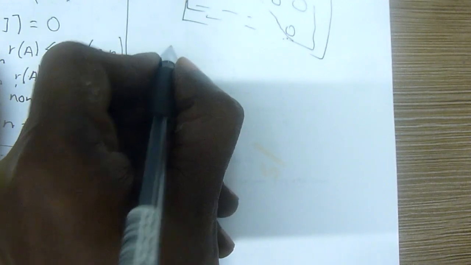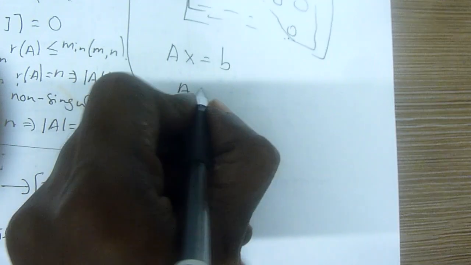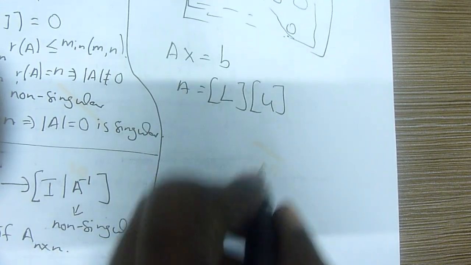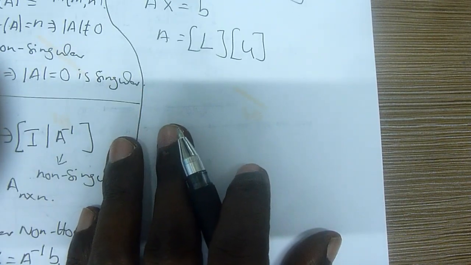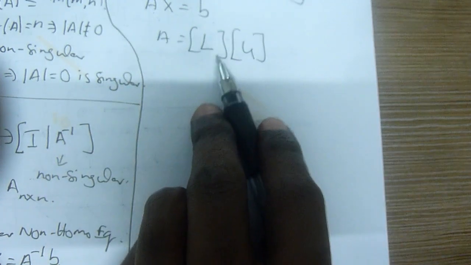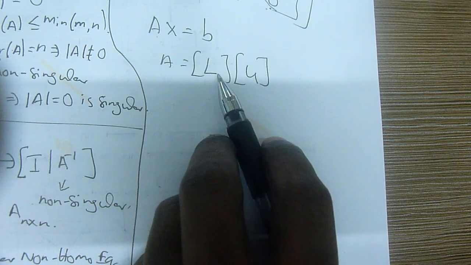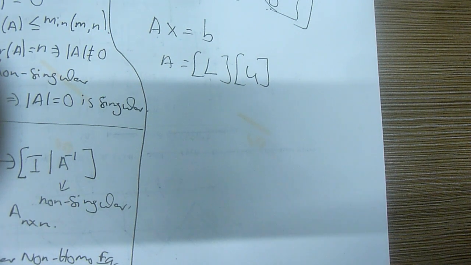If this is the scenario, then we can solve any problem Ax = b, where A equals L U. Look at this properly: the A can be divided, or segregated, into upper and lower. Can I exchange it to UL?